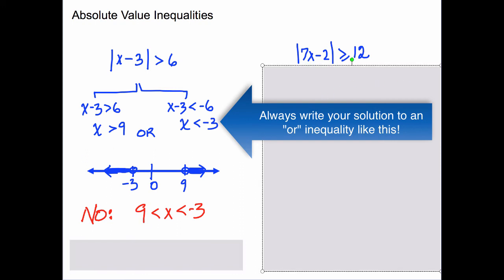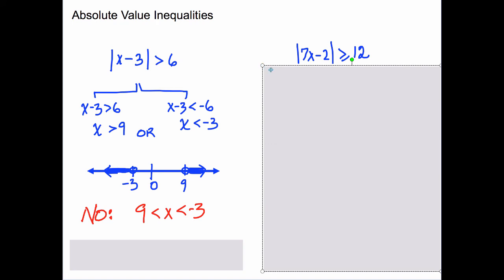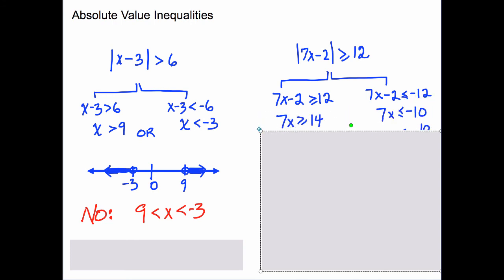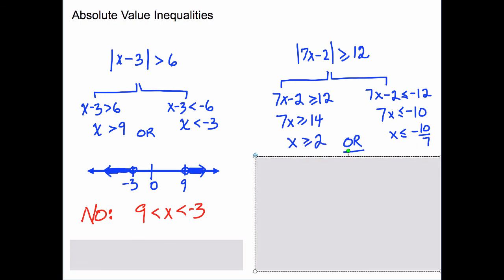Let's take a look at the second problem. 7x minus 2 is greater than or equal to 12. So we split it into two. 7x minus 2 is greater than or equal to 12, or 7x minus 2 is less than or equal to negative 12. We add 2 to each side, divide each side by 7, and our solution is x is greater than or equal to 2, or x is less than or equal to negative 10/7.